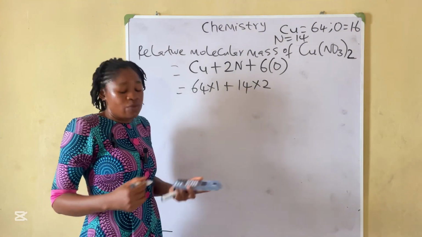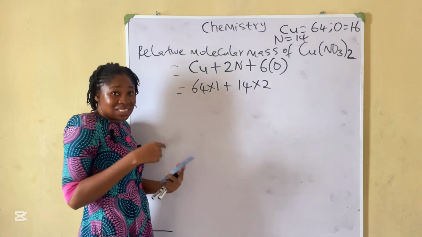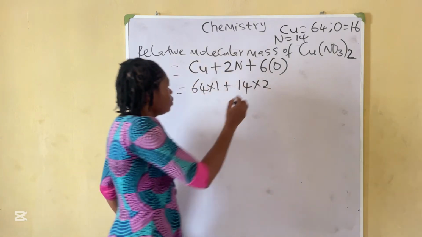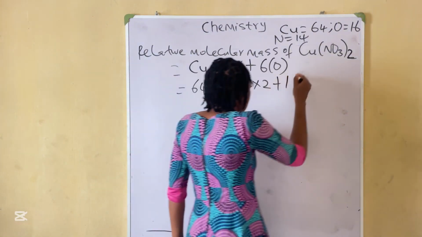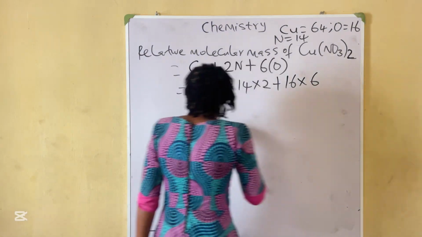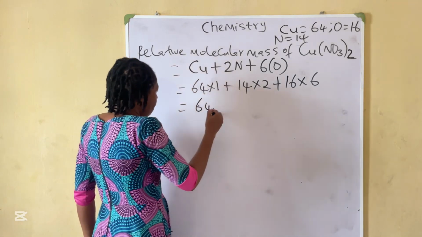Anyhow you want to do it, if you want to put the number of atoms first times relative atomic mass, you are still correct. Plus relative atomic mass of oxygen is 16, 16 times 6. So 64 times 1 is 64.